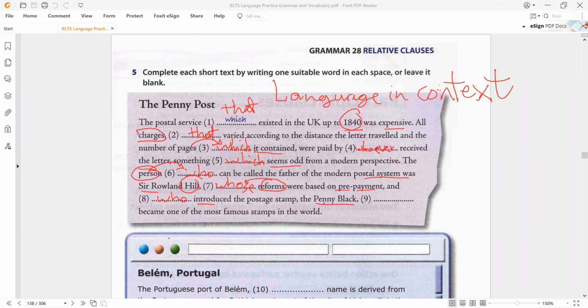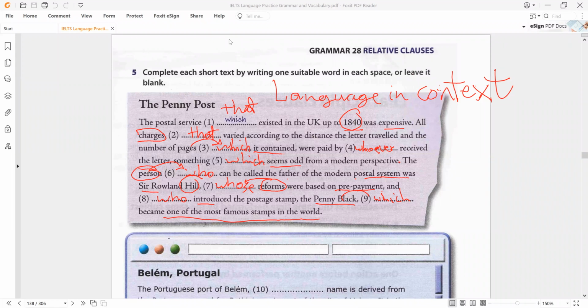The penny black, which became one of the most famous stamps in the world. Okay, now I want you to imagine the story again.